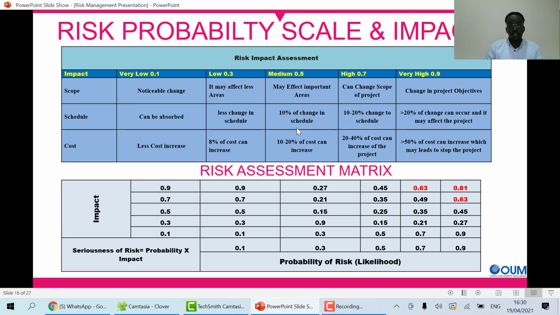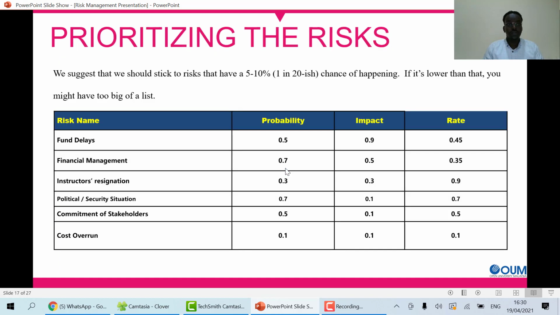There is another one, the risk assessment matrix, which is the seriousness of a risk, equal to probability times the impact of the risk. It gives us a matrix that makes it possible to prioritize our risks. We suggested that we should stick to risks that have a 5 up to 10% chance of occurring. If it's lower than that, you might have to pick a list.